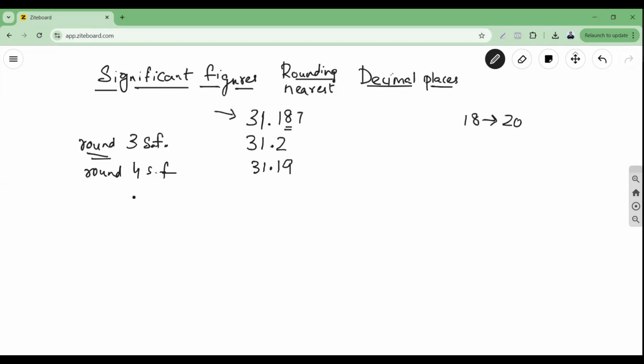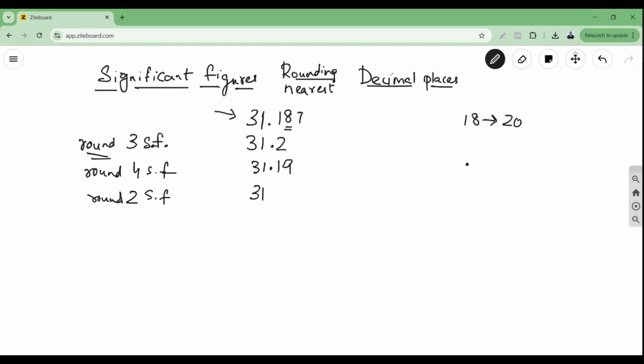Now if you say round off to 2 significant digits, I know 31 is required, of course. After that, if you see, point 1 is there. 1 means your digit will not increase, right? So it remains as 31.